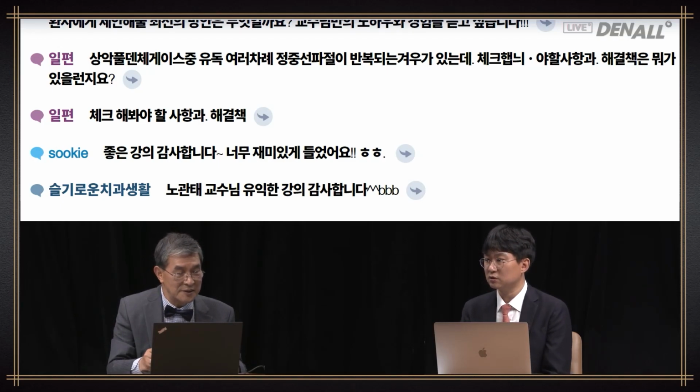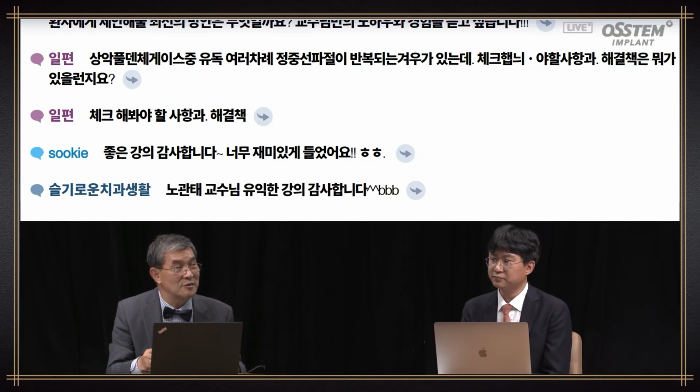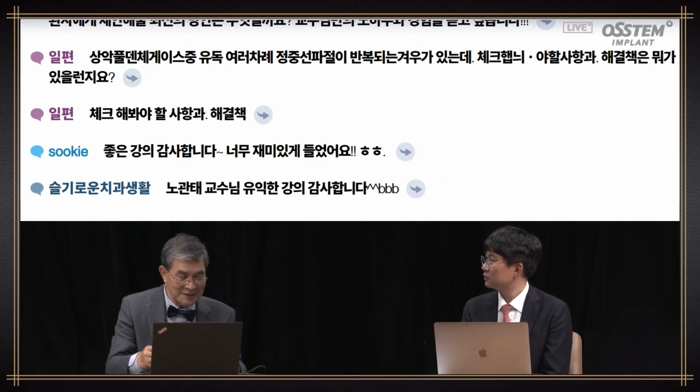I also believe a patient's occlusal force plays an important role. If a patient has strong occlusal force, fractures can repeatedly happen. So the patients need to be cooperative in terms of controlling the occlusal force by avoiding hard food. Even a metal base can fracture, so we need to get cooperation from the patients.